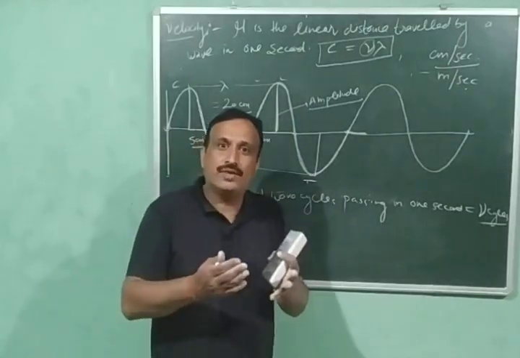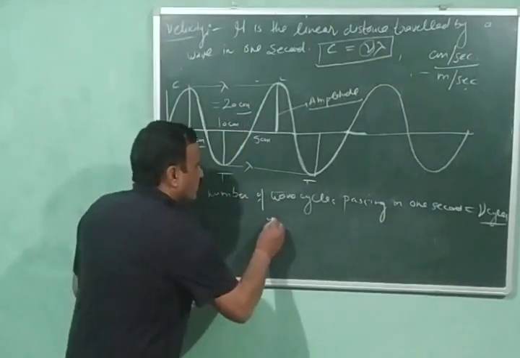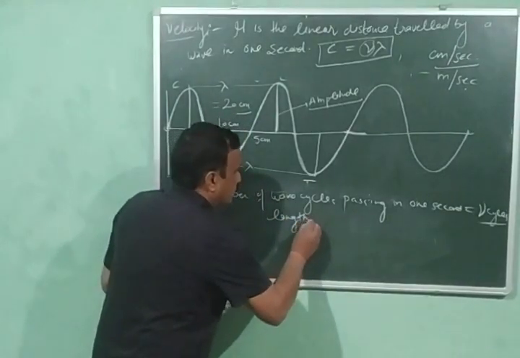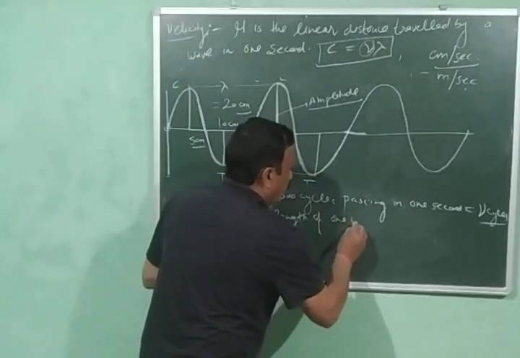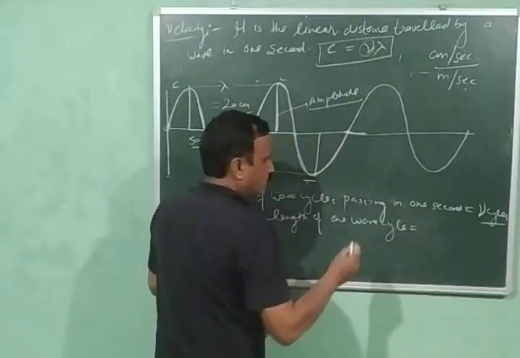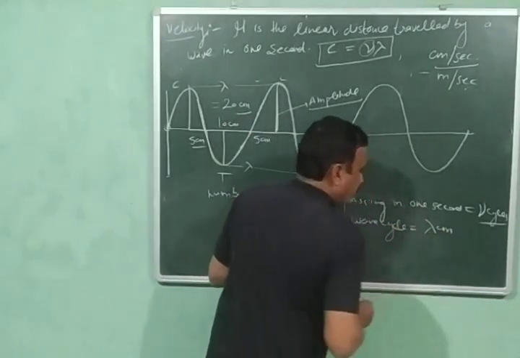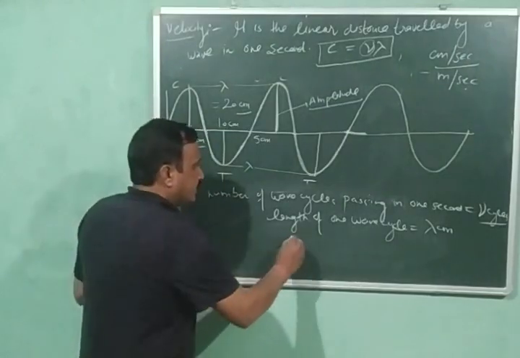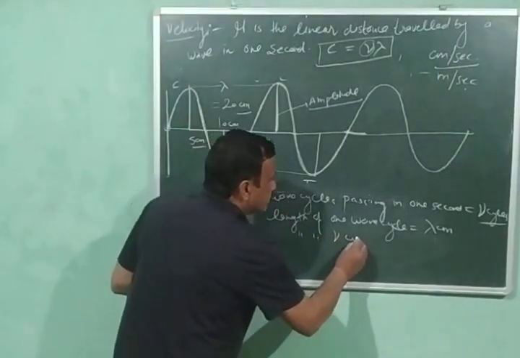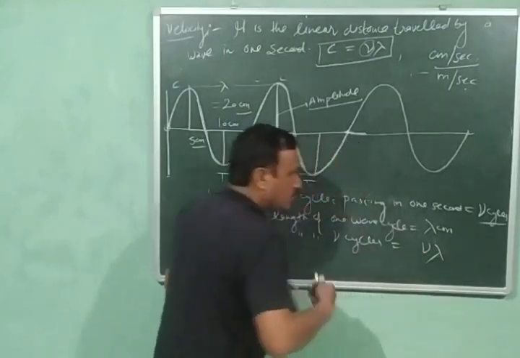And I have told you that the length of one wave cycle is equal to lambda, that is wavelength. So the length of one wave cycle is equal to lambda centimeter. Then the length of nu wave cycles will be equal to what? Nu into lambda.